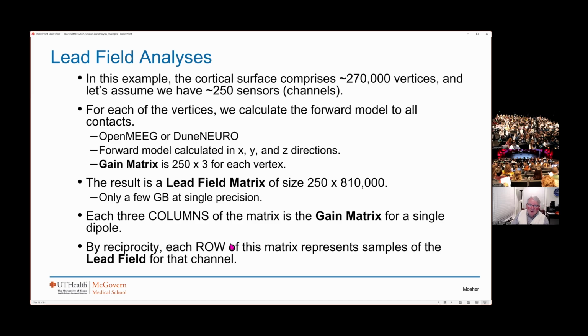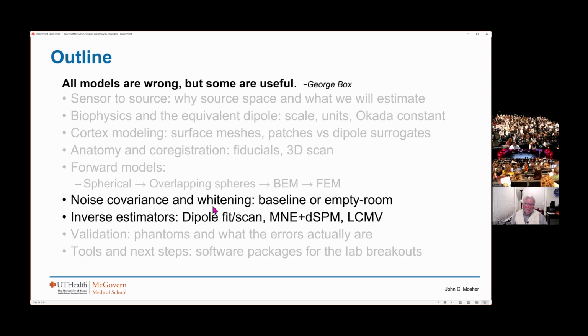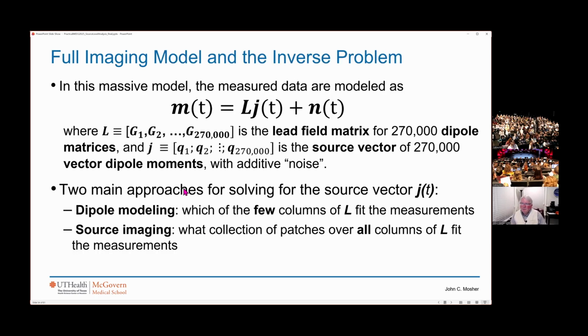It is the literal embodiment of TES or TMS when you look at the rows of this matrix, and like I say, the columns are the gain matrix for each of the dipoles coming out. So it's very useful to build this beautiful lead field matrix. And again, each of the software packages will build that for you. So what do we do with that? Well, we make this massive model then.